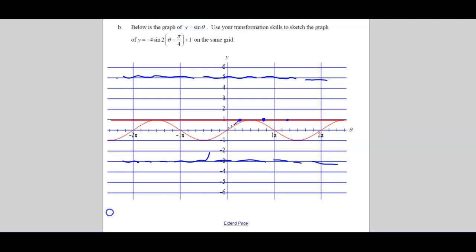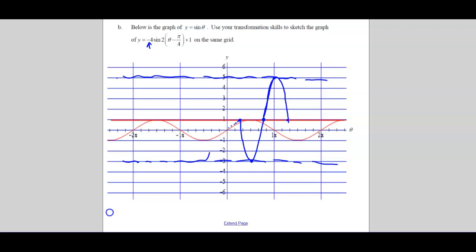Now is that graph going to go up and to the right, like our base graph, or is it going to go down and to the right? Down, it's been reflected. So now halfway in between gets me a valley. Halfway in between gets me a mountain.